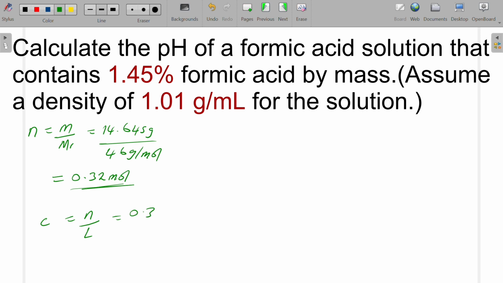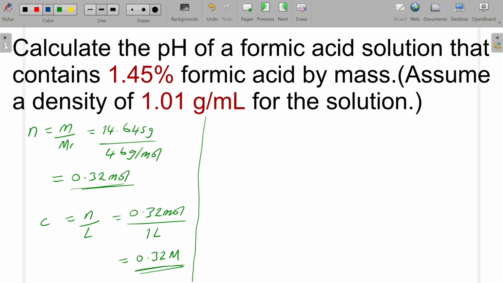This will be equal to 0.32 moles divided by 1 liter. Remember we said we're using 1 liter as our volume here. So this will still give me the same amount as concentration. This is what we are going to have as our concentration for formic acid.